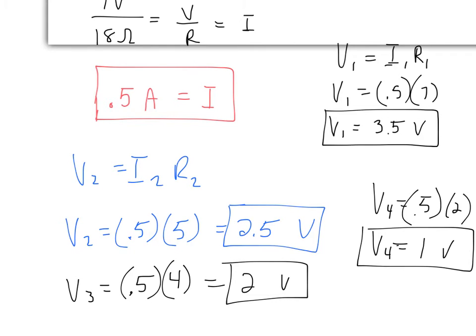As you noticed, yes, that is true, they do add up to 9. You don't have to keep writing I1, I2, or I3 because it's the same, so you can write it as I. 3.5 and 2.5 gives you 6, and 2 is 8, and 1 is 9. The sum of the 4 voltages gives you the voltage supplied by the source.